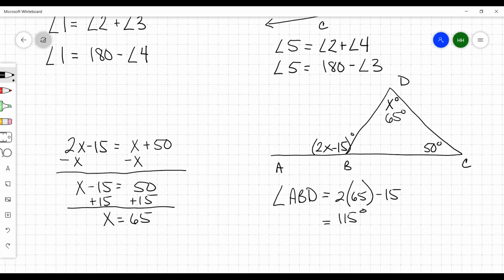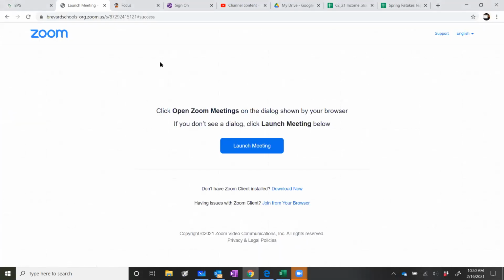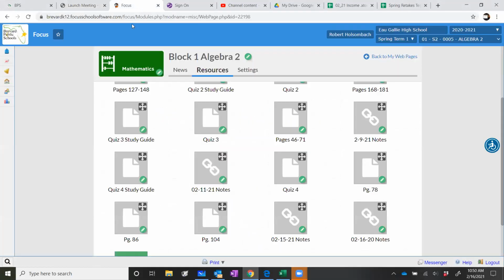Now, while you're here, you guys that are in class are about to get a handout. You guys that are at home, I need you to pay attention for a second. Your assignments moving forward will be located here. Focus.